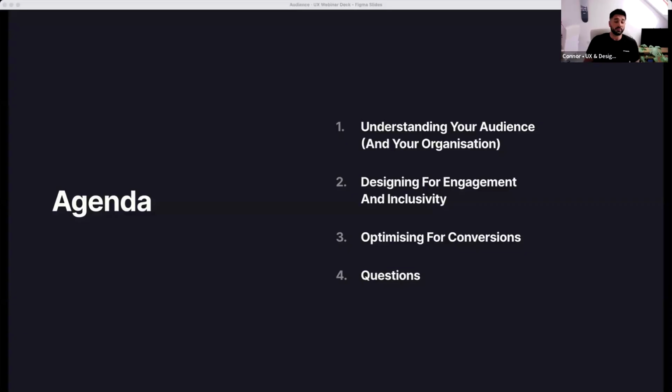So just to give you a brief overview of what we're going to be talking about today, we'll be discussing the importance of user research to help understand your audience and enhance their experience. But we'll also be looking at why aligning the internal team of stakeholders plays a vital role in this too. We'll be talking about designing for engagement and inclusivity, and talking about how to optimize for conversions.